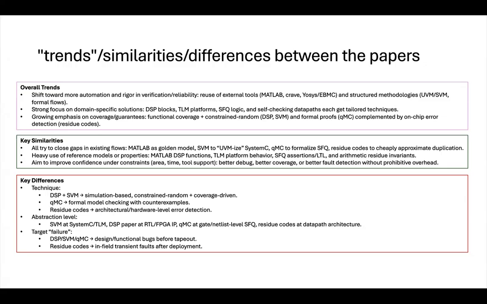Now, the main differences are in technique and timing, I would say. Simulation plus coverage versus formal model checking versus hardware error detection, and pre-silicon design verification versus post-silicon runtime fault detection. Together, they span a continuum from better test benches to better formal proofs to better self-checking hardware.